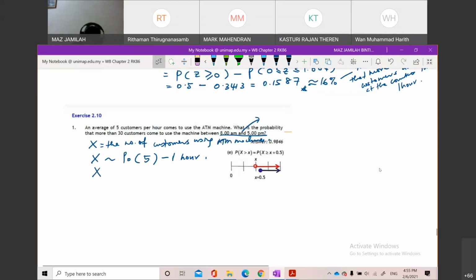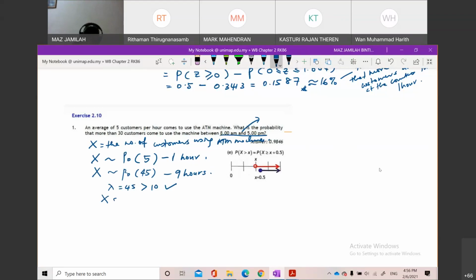So for 9 hours, you have to multiply by 5. So X Poisson becomes 45 for 9 hours. Since lambda is equal to 45, which is greater than 10, we do the approximation.